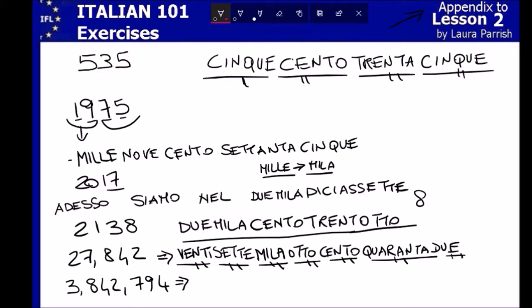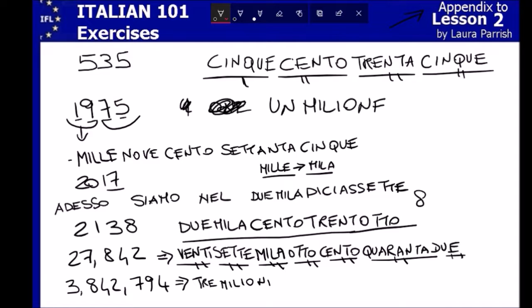Last one, allora, 3,842,794. Okay, 3 milioni. One million, in this case we put the number in front: un milione. And the plural is milioni.